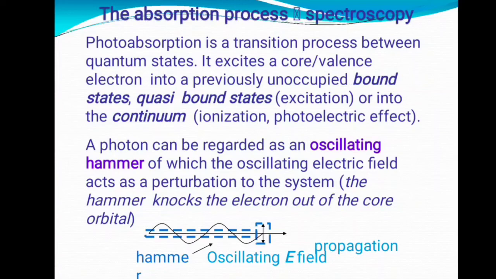The photon can be regarded as an oscillating hammer. The oscillating electric field acts as a perturbation to the system. The hammer knocks the electron out of the core orbital, and the oscillating frequency is also produced.